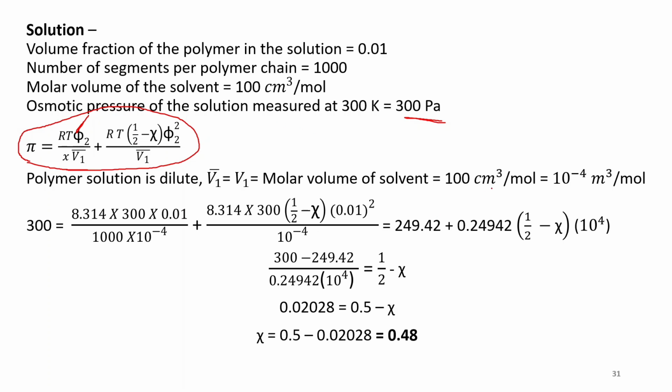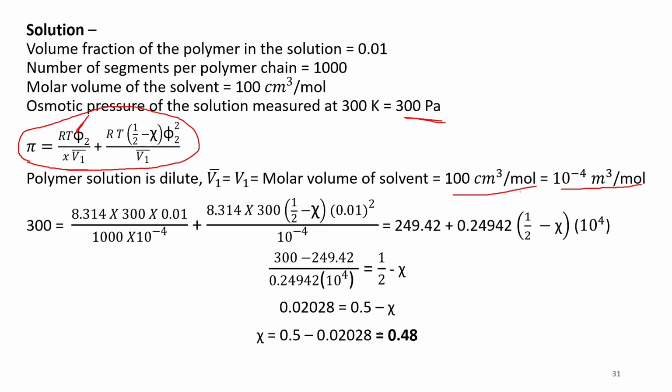The molar volume of the solvent is given as 100 centimeter cube per mole, which we can put as 10 to the power minus 4 meter cube per mole. So we take, since the solution is very dilute, the molar volume of the solvent equal to the molar volume of the total solution, and we put V1 bar as 10 to the power minus 4 meter cube per mole.